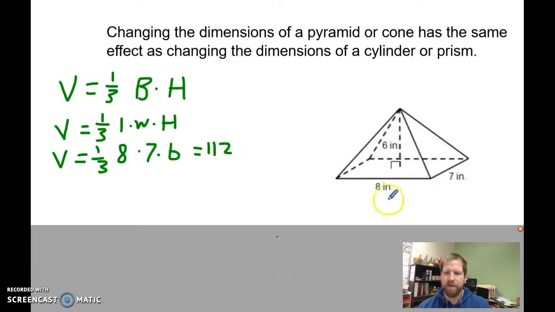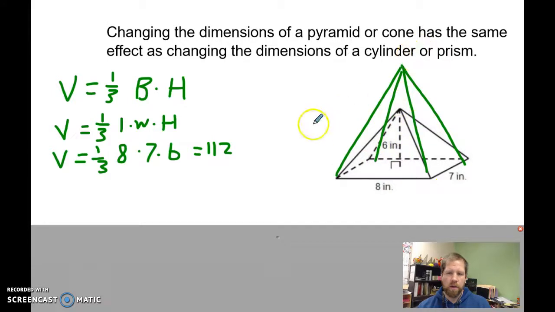And then let's double our height. So instead of 6, this is going to be coming to a point way up here, my new rectangular pyramid. And so I'll have 1/3 times 8 times 7 times 12.